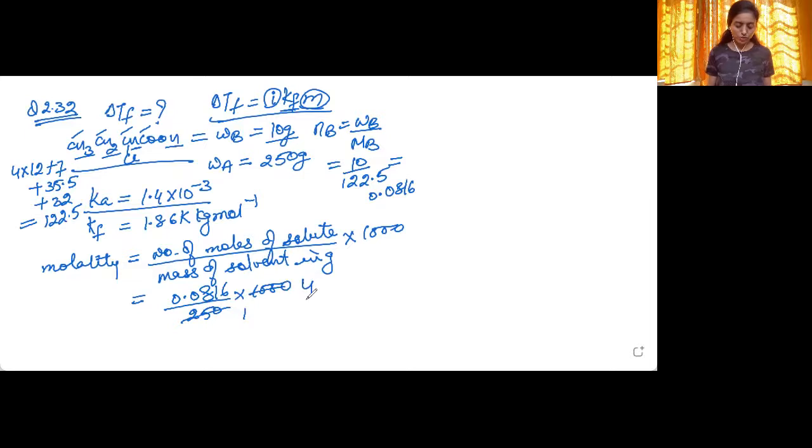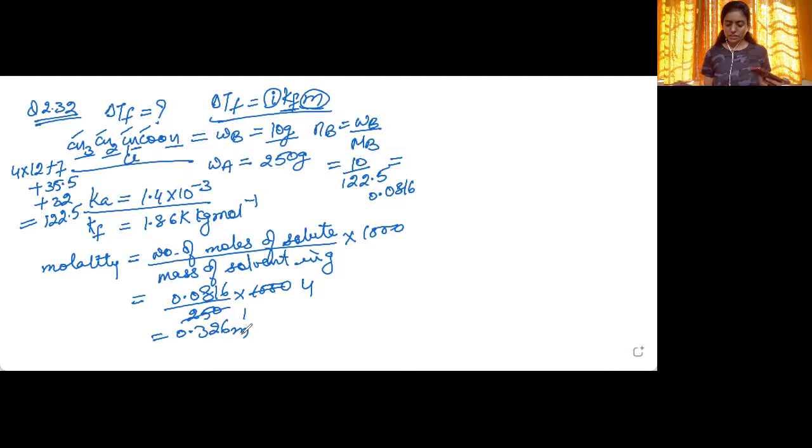So 1000 upon 250 is 4, so we can just multiply it with 4. It is coming out to be 0.326 molality. I am noting this down on the paper so that I can use it later. It is 0.326 molal.